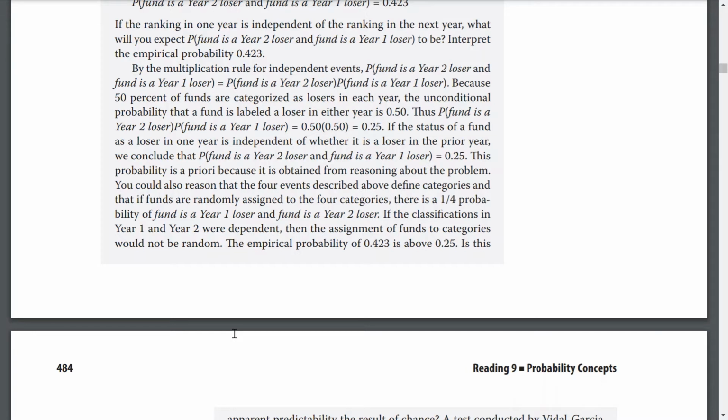You can also reason that the 4 events described above define categories and that the funds are randomly assigned to the 4 categories. There is a 1 out of 4 probability of a fund being a year 1 loser and a year 2 loser. If the classifications in year 1 and year 2 are independent, then the assignment of funds to categories will be random. The empirical probability of 0.423 is above 0.25.